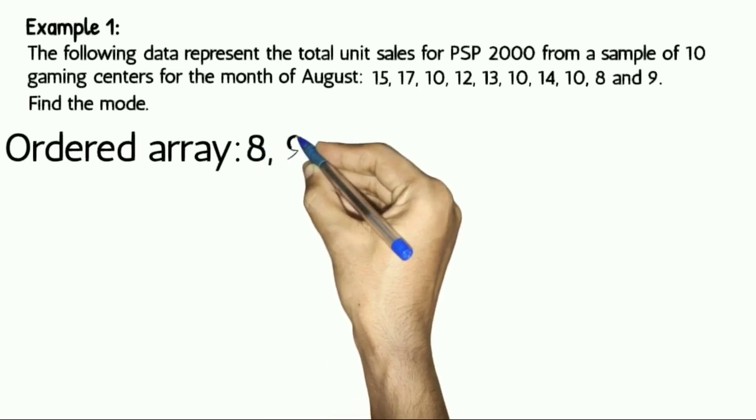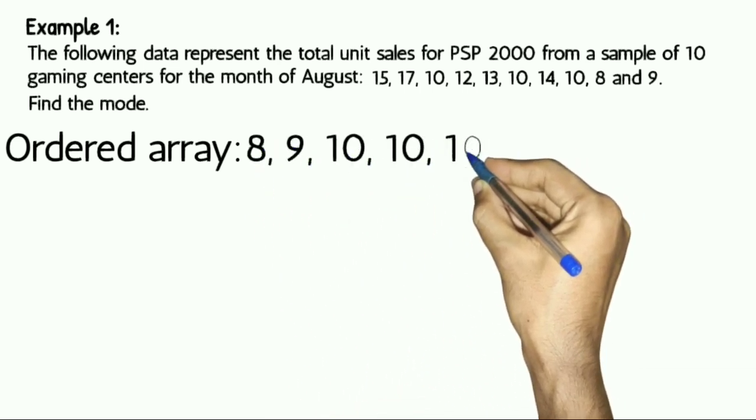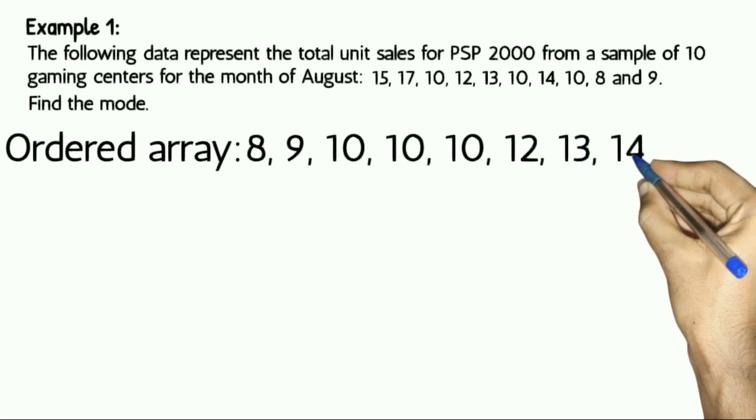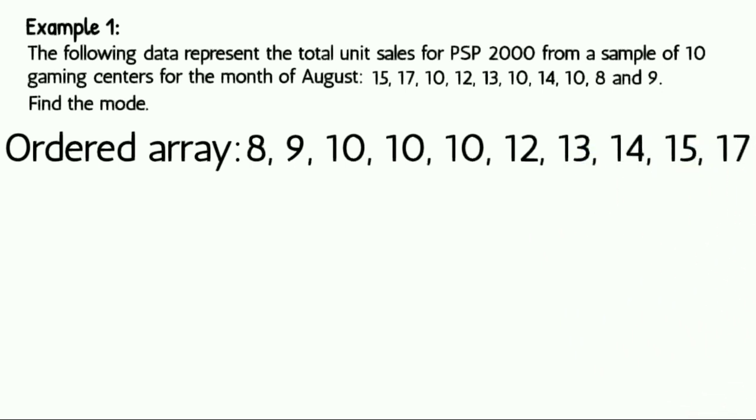So that will become 8, 9, 10, 10, 10, 12, 13, 14, 15, and 17. If you notice, 10 appears 3 times, but the other values appear only once. So the mode is 10. Since only one value in our dataset appears 3 times, the dataset is said to be unimodal.